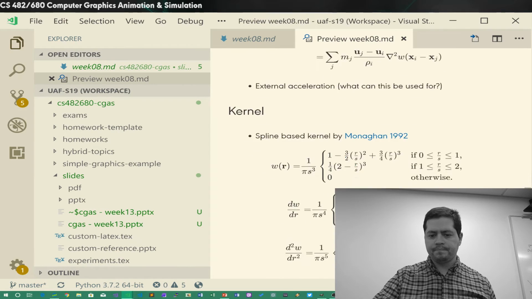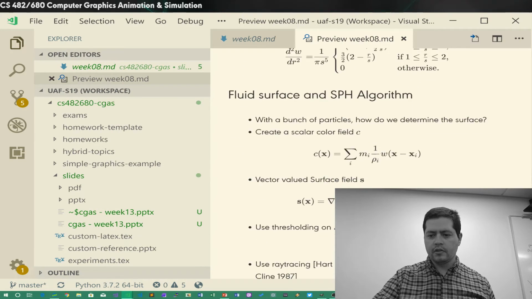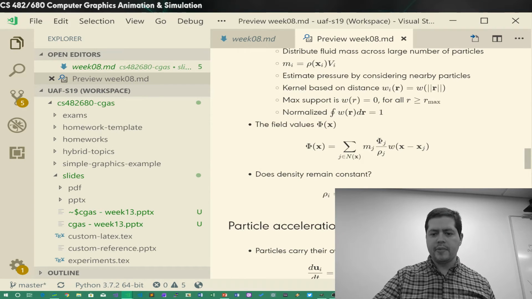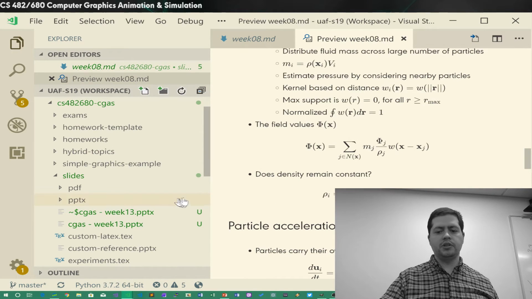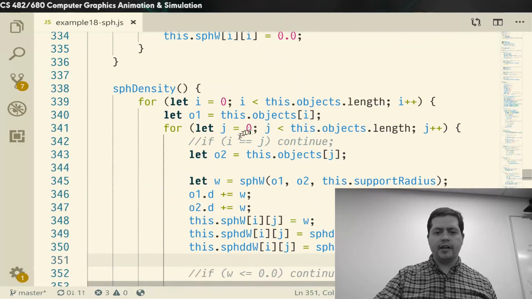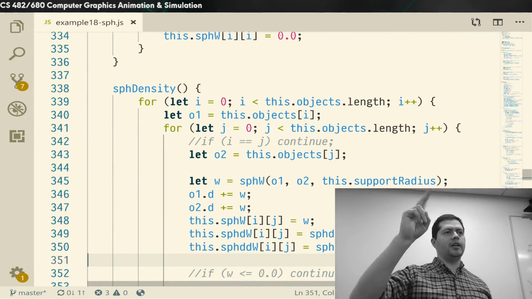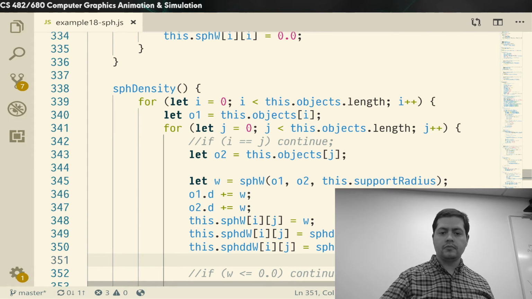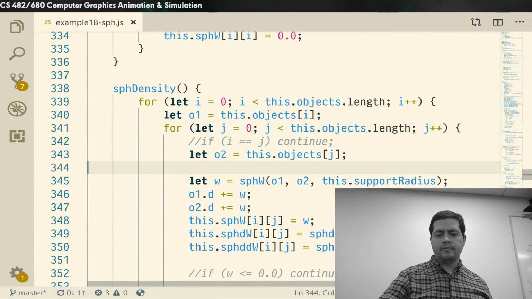Scroll down here. Are you starting the inner loop at I? There's this: mass times W. That's basically what we sum up. The inner loop is not starting at I. We're doing every single pair. Now I guess maybe we don't want to do that, because you're setting both of them anyway, right? O1 and O2, you're setting the weight there.